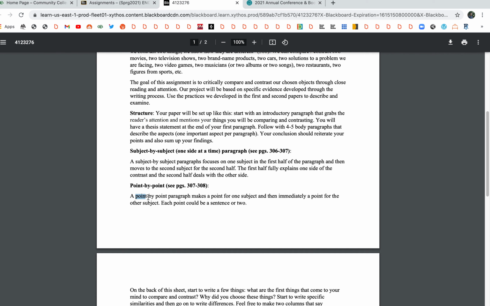Point by point paragraph makes a point for one subject and then immediately a point for the other subject. Each point could be a sentence or two. So if your next body paragraph, you're comparing, contrasting still Starbucks and Dunkin' Donuts, your topic sentence main idea could read something like, Starbucks and Dunkin' Donuts have a different variety of food.